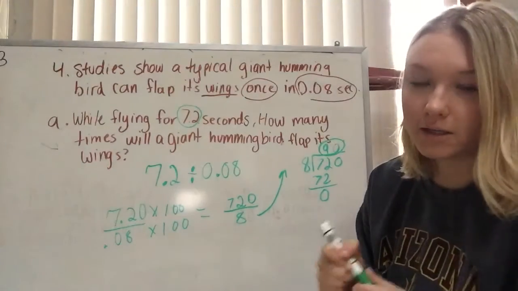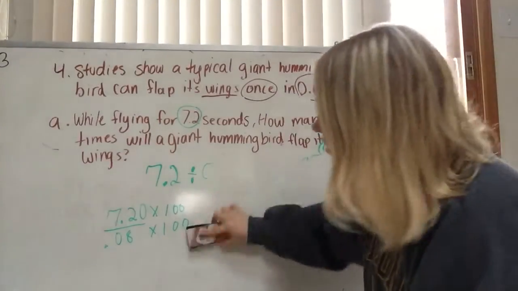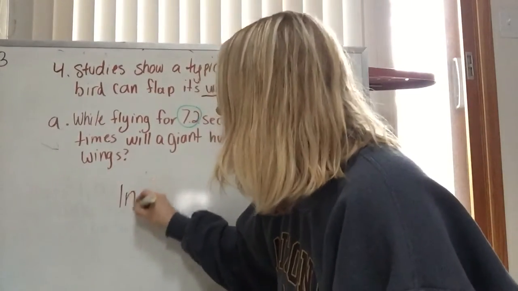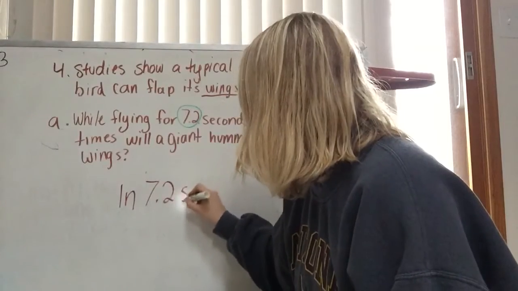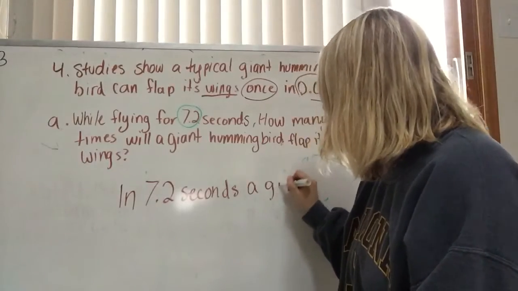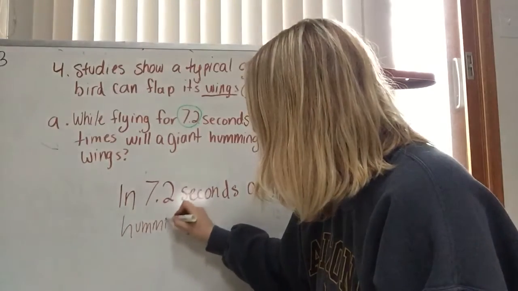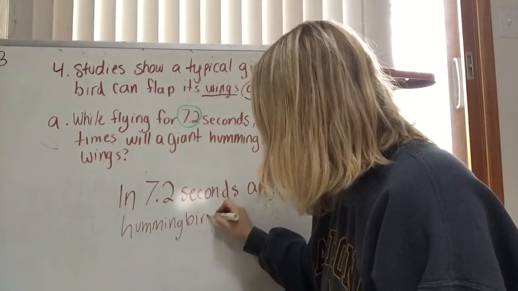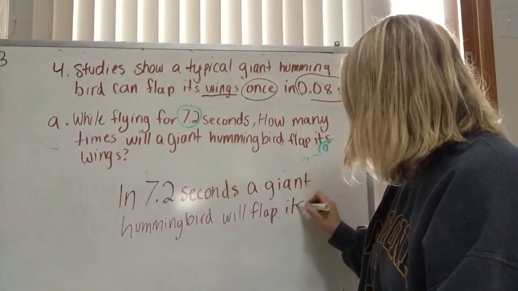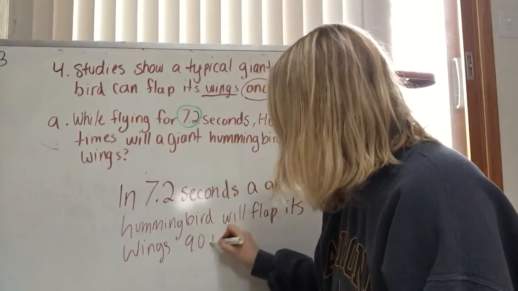I'm going to switch colors here. I'm going to erase this. I hope you guys can see this with all these crazy colors, and it's so dark in here. So I need to put the 7.2 seconds. A giant, I love that name, hummingbird will flap its wings 90 times.